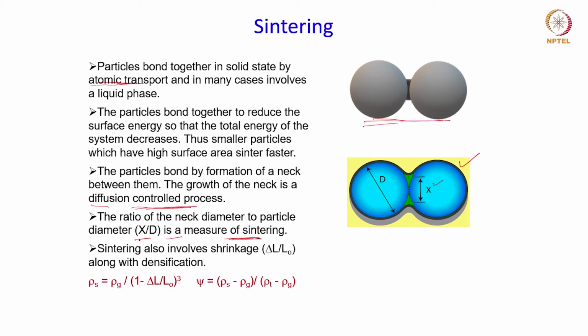And in sintering, as you would have already understood by now, the pores are closing, so that means the particles are coming closer and closer, and therefore the densification that happens during sintering will also lead to some shrinkage in the compact, right? Which is given by delta L by L naught, where delta L is the change in the dimension and L naught is the initial dimension. Okay, so this can be one of those dimensional parameters, for example the length.